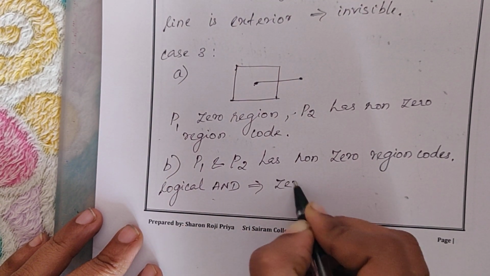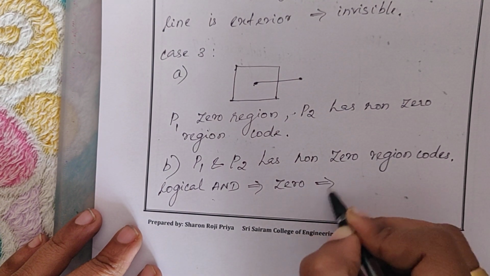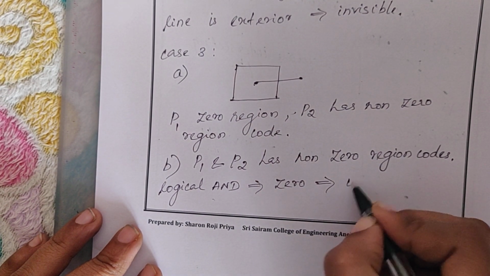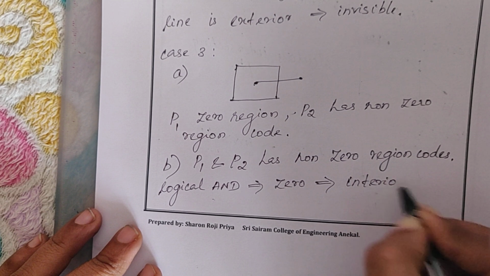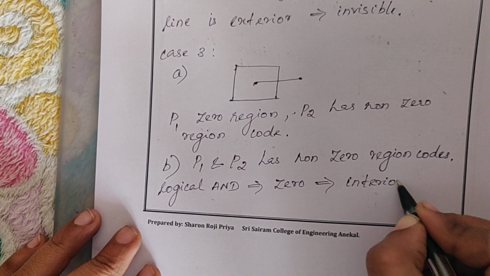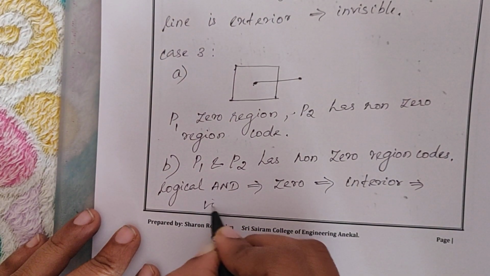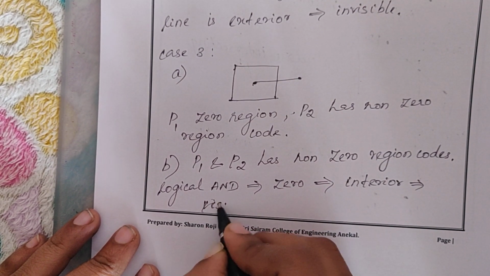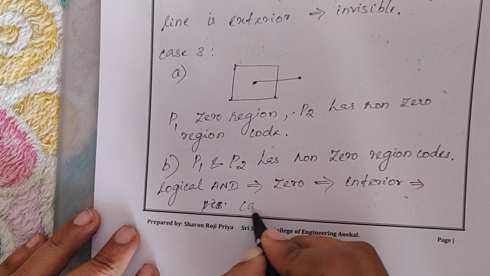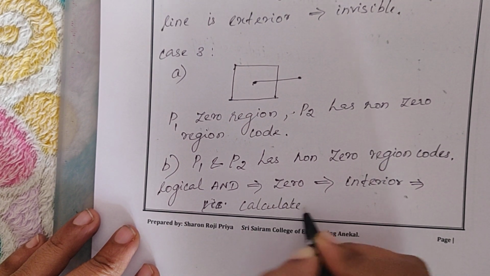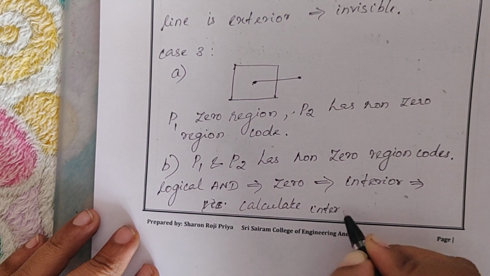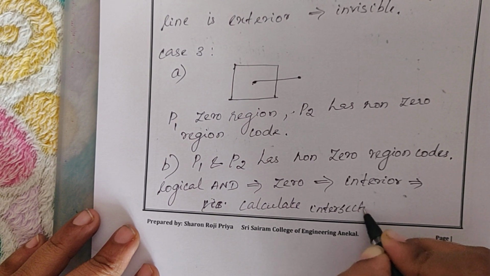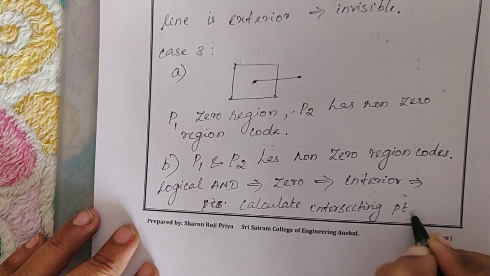If the result is 0, it shows the line is interior, and I should calculate the intersecting points.